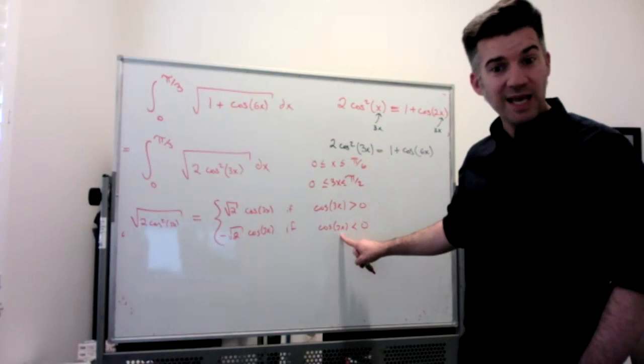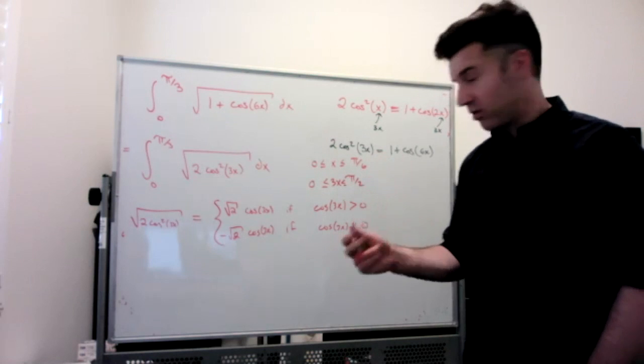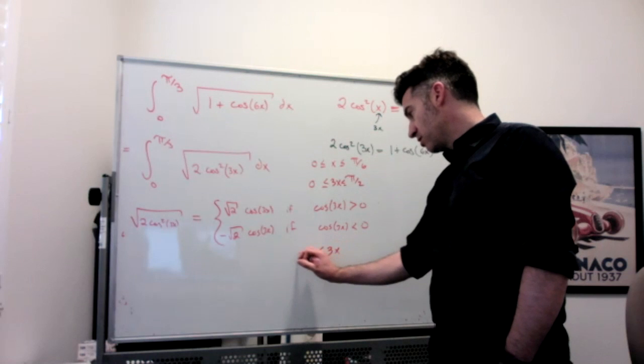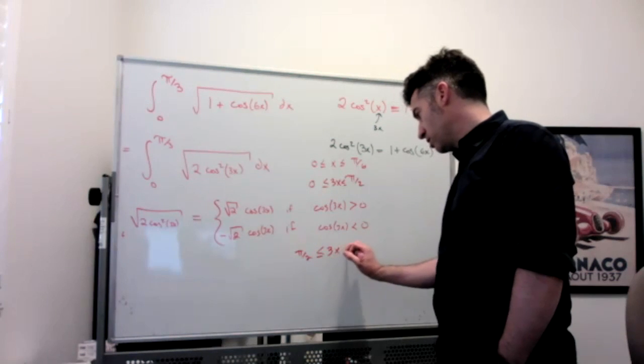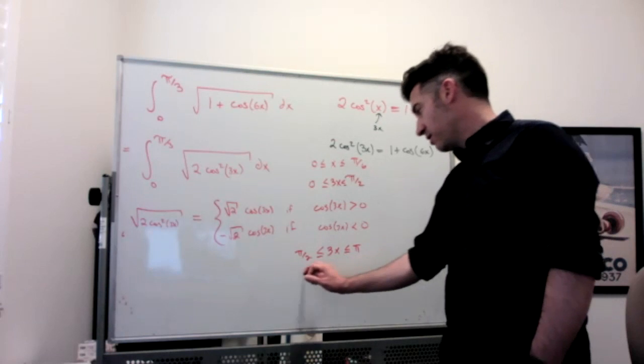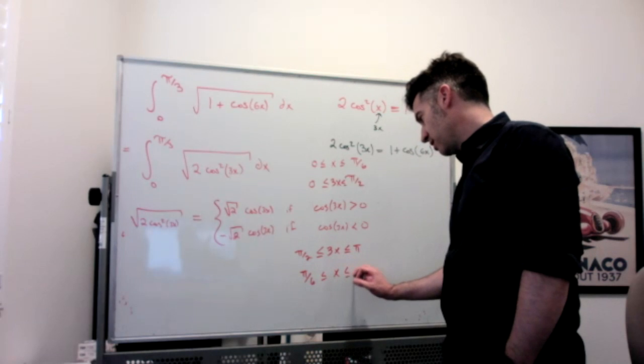Cosine of 3x is negative in quadrants 2 and 3. Quadrant 2 specifically is when our angle is between pi over 2 and pi. And so if I divide this by 3, it's when x is between pi over 6 and pi over 3.